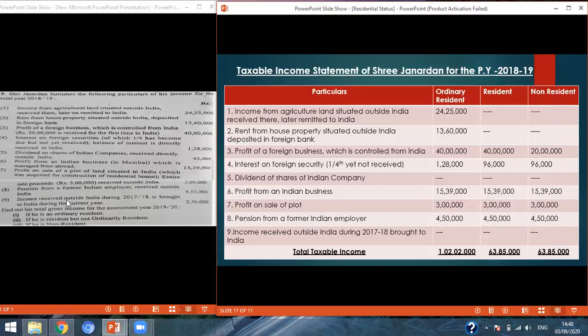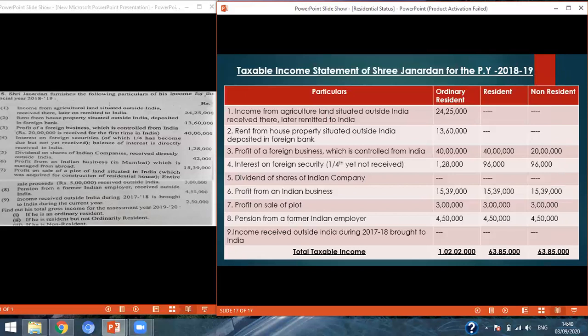Point 9 is income received outside India during 2017-18 which is brought to India during the current year. See, our previous year is 2018-19. Before the previous year, we earned 2,50,000 and we are remitting it in the current year. So this 2,50,000 is tax free. It is our point number 5.